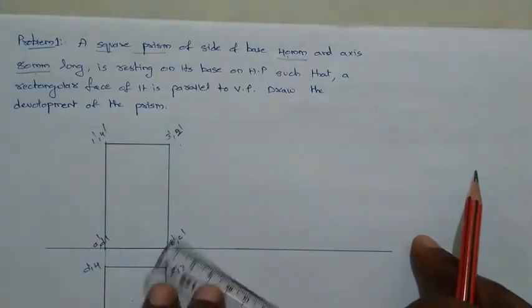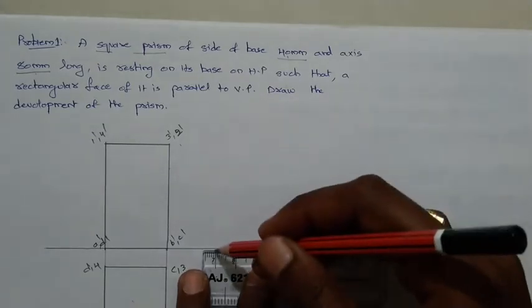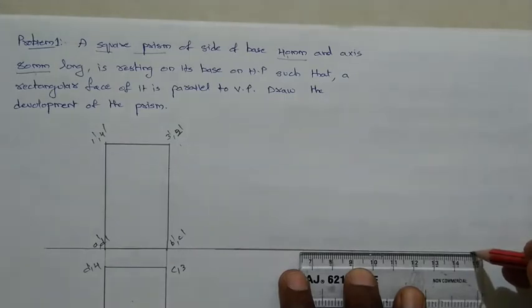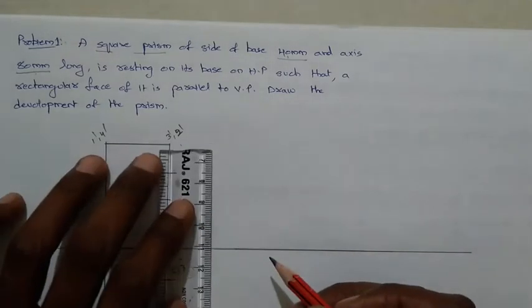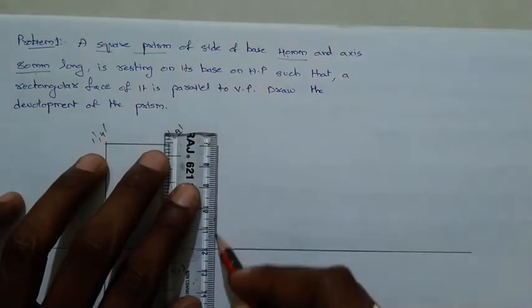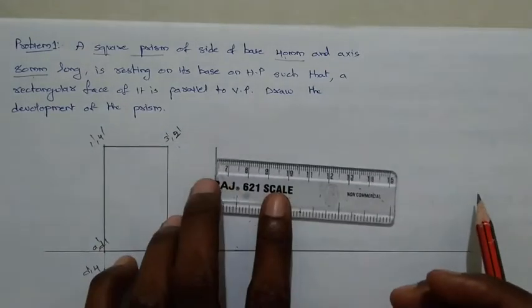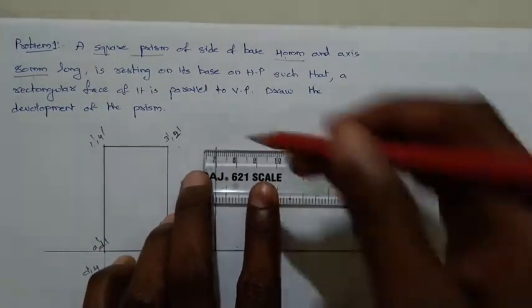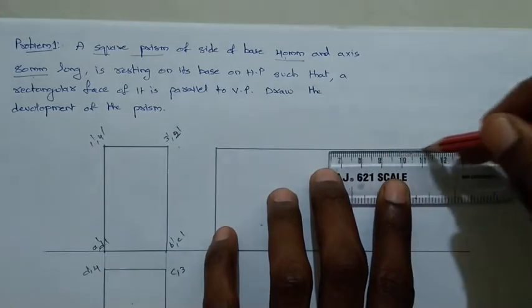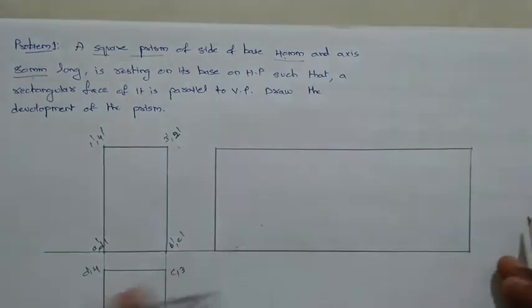So first draw a straight line and draw a rectangular box whose length is equal to 4 times the side of the square prism. Why?